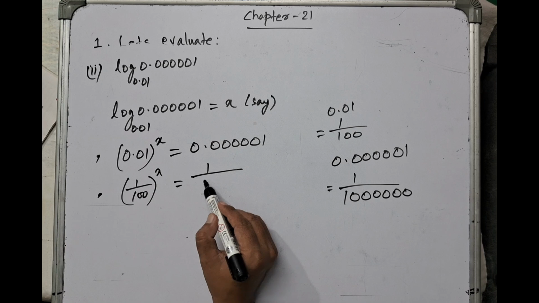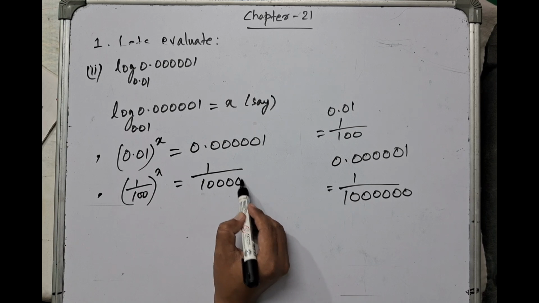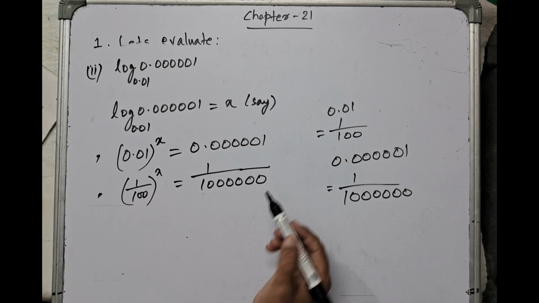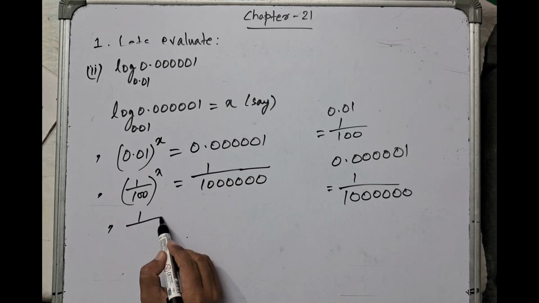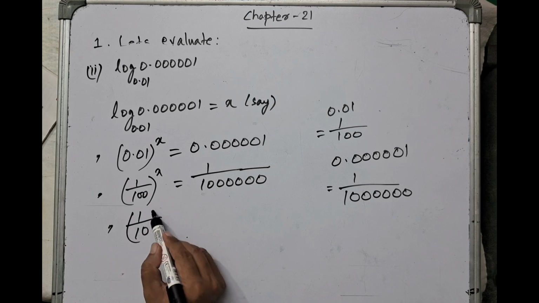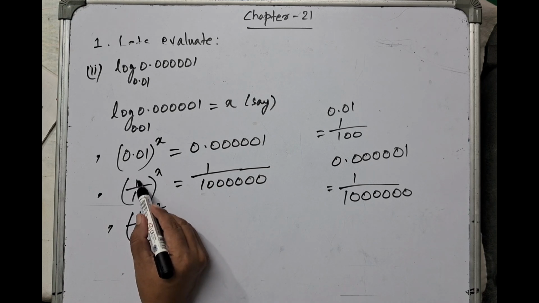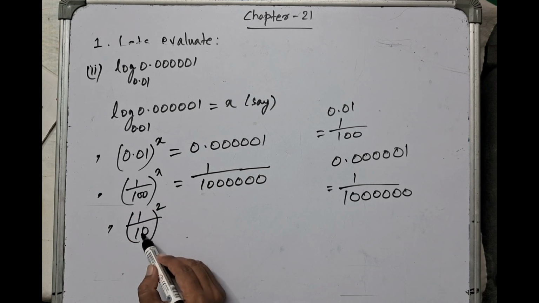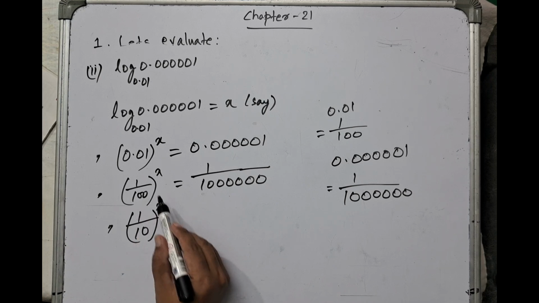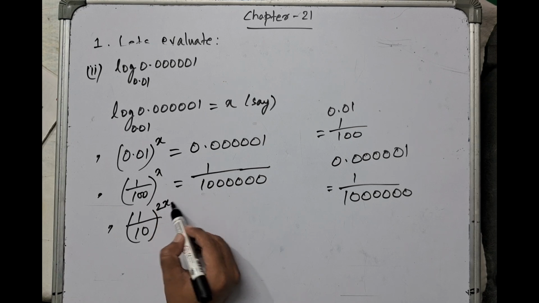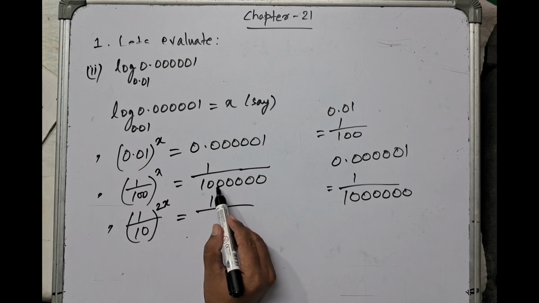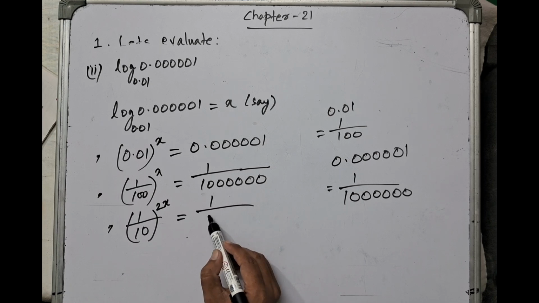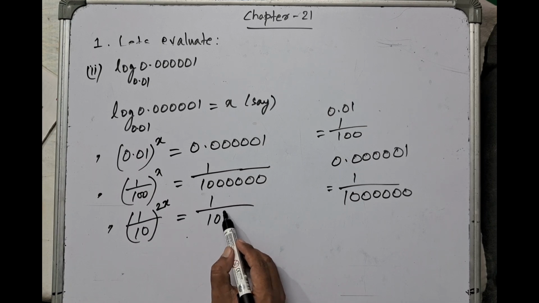So 1 upon 1,000,000. Now 1 upon 100 can be written as 1 upon 10 square. 1 square is 1, and 10 square means 100. So this 100 can be written as 10 square. We already have x as power, so this is 2x, equal to 1 upon 1,000,000, isn't it? So this number can be written as 10 to the power 6.